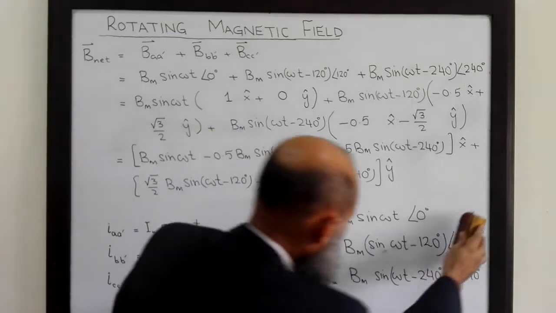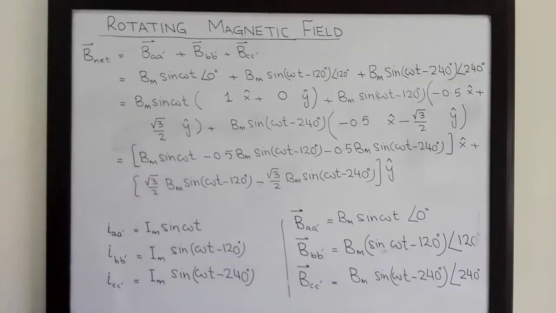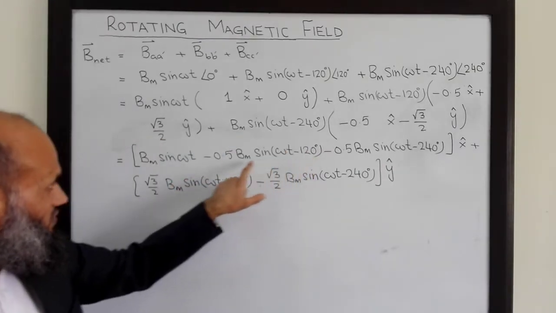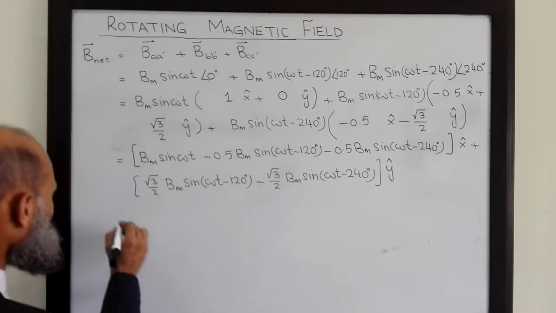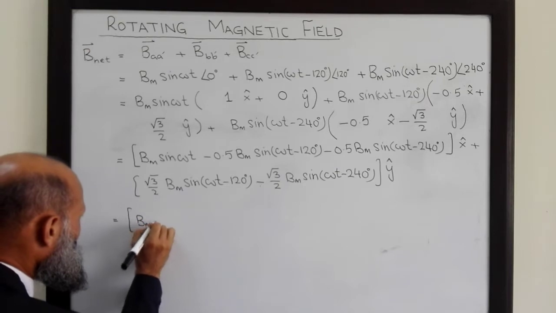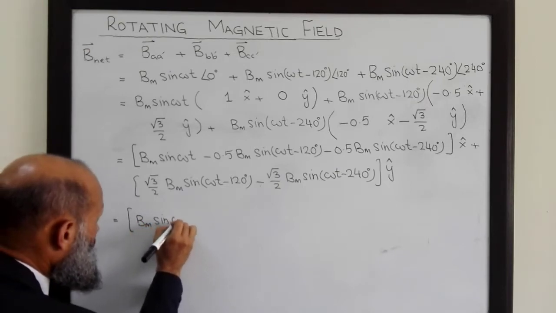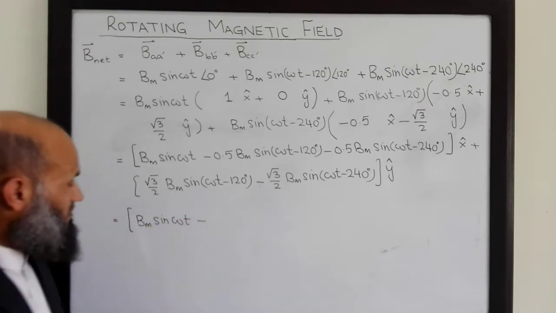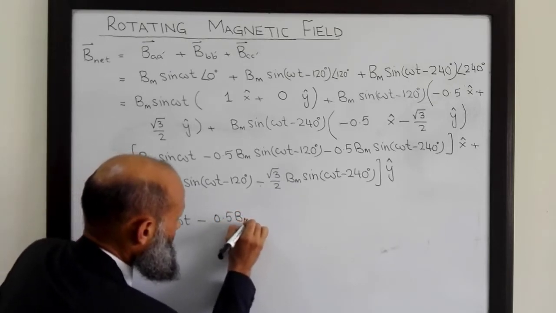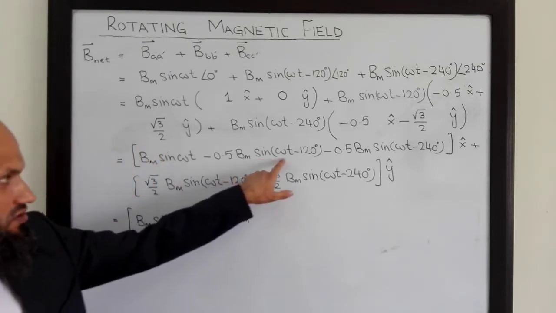So let me erase this thing because this is no more needed. So let's further extend these trigonometric expressions. We have Vm sine omega t minus 0.5 Vm multiplied by this term.